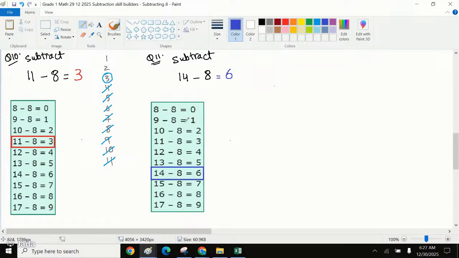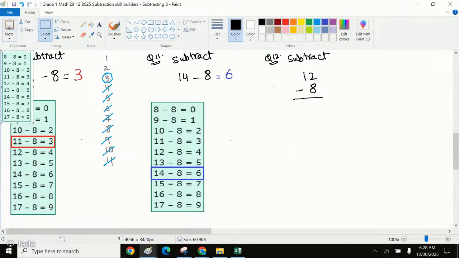Okay. Moving on further, we are trying to do each question with a different method. So question number 12 says, subtract 8 from 12. That means 12 minus 8.